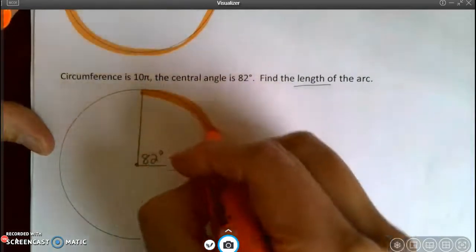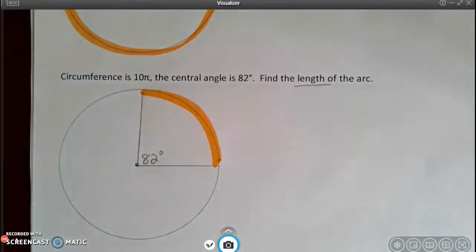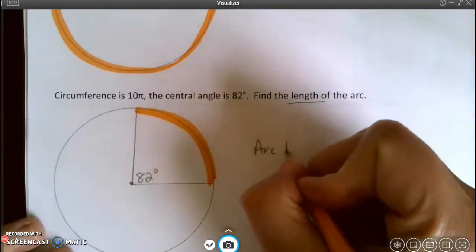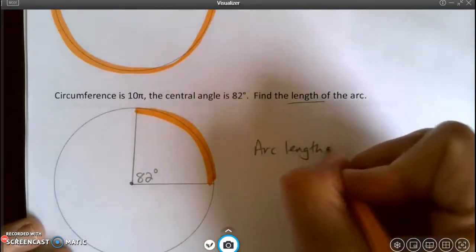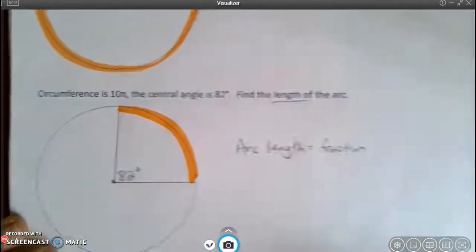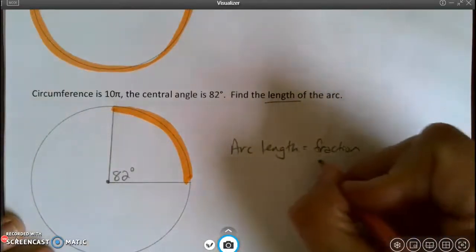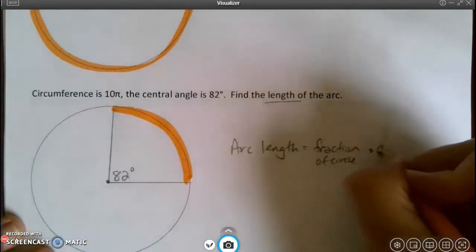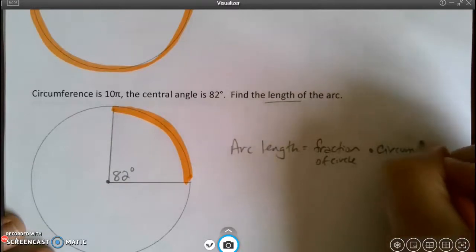I'm looking for this length right here. So my arc length, I'm writing this over and over so that we can hopefully remember this, equals fraction of the circle, that portion of the circle, times the circumference.